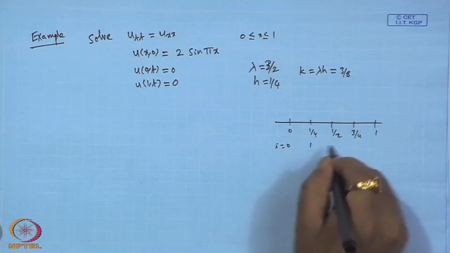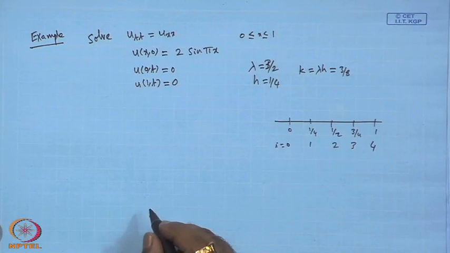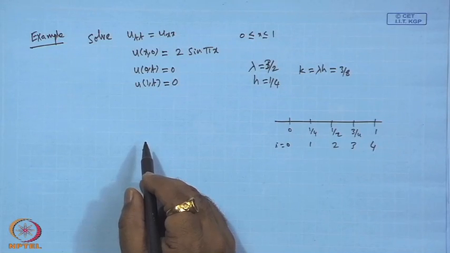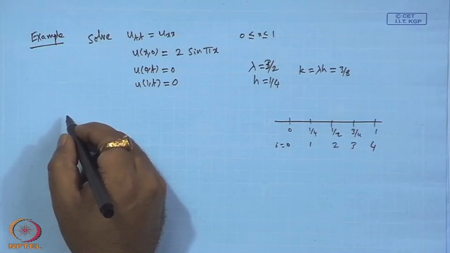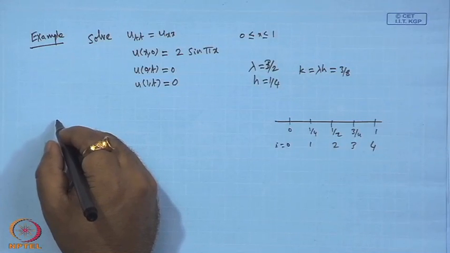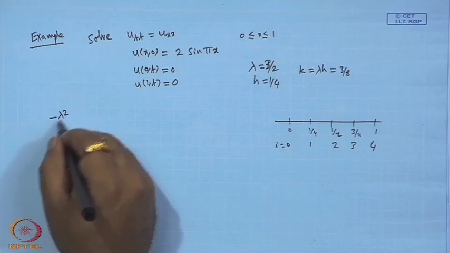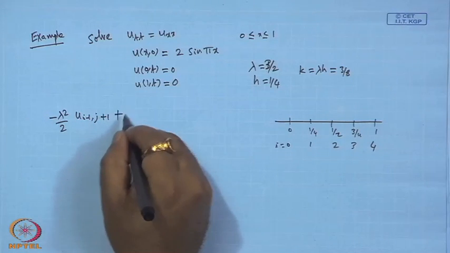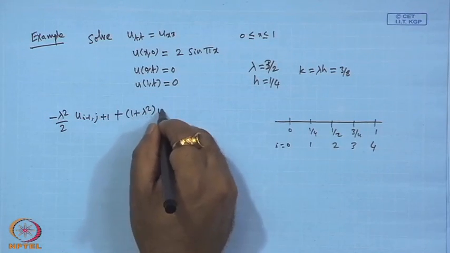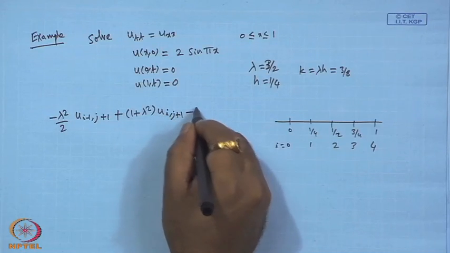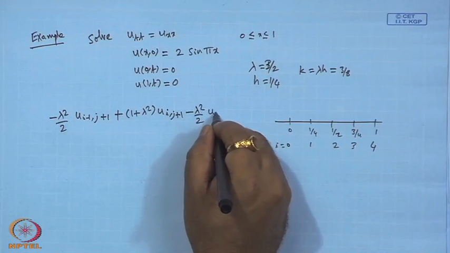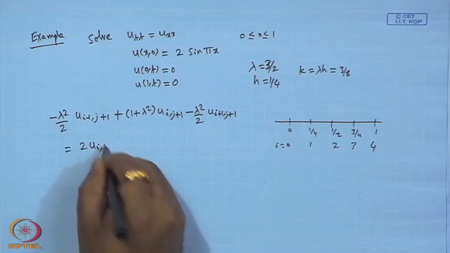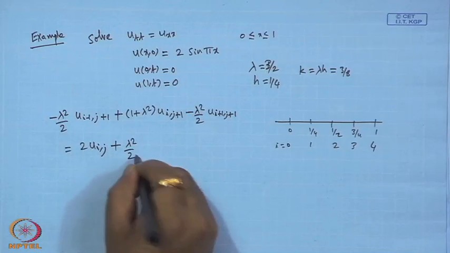So I is 0, 1, 2, 3, 4. Okay. So, now consider our implicit equation, which is given by, so this is our implicit equation when theta is half.